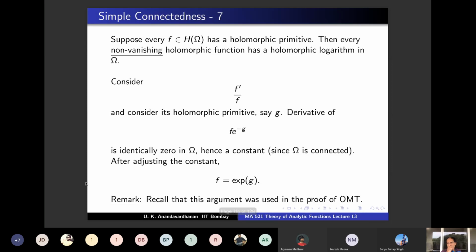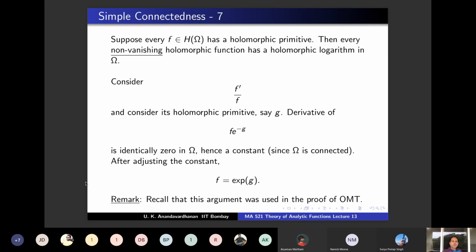This we have seen in the argument in OMT, when we wanted to prove OMT. We showed that there was an argument using taking mth root, and this was the important step. So this we have already seen.